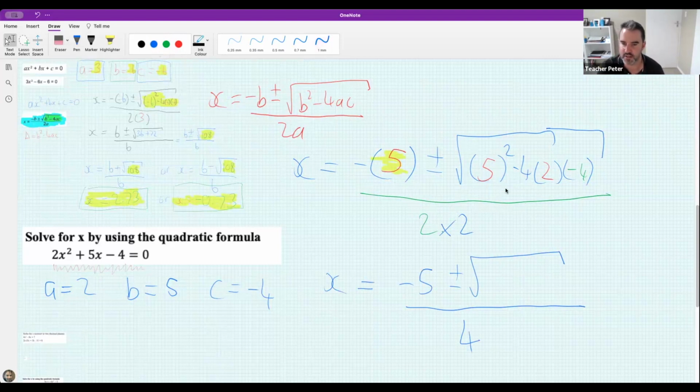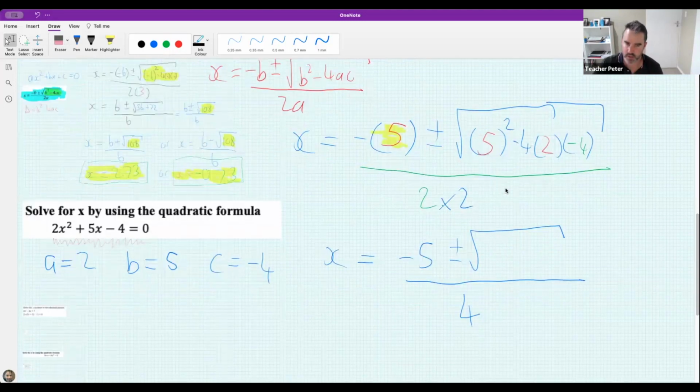What is the value of delta inside your square root? What do we get inside there? 57, sir. All right.